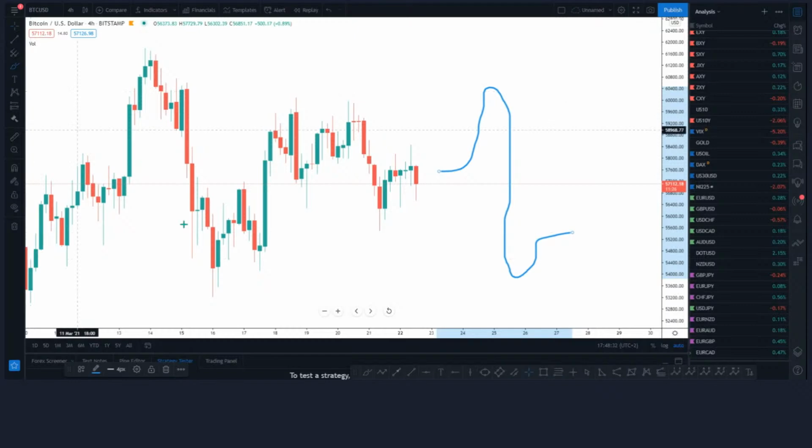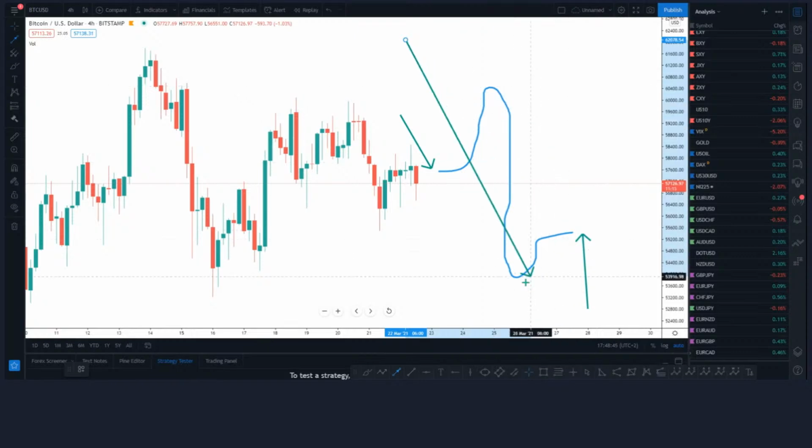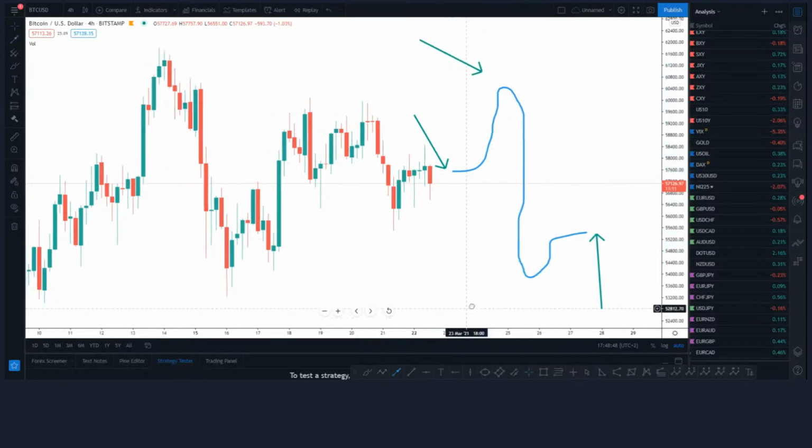So that's the entry price where the price starts, where the price ended, that's the high price, the highest level within the time frame, and right here is the low price. So basically open, high, low, close.